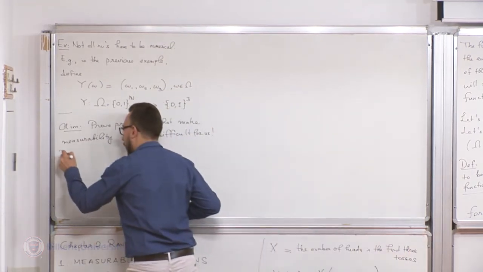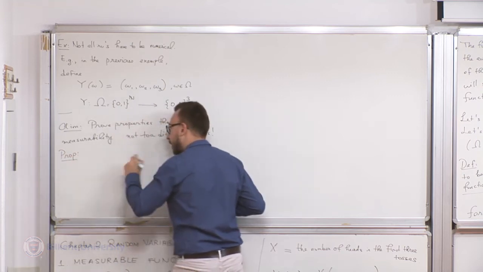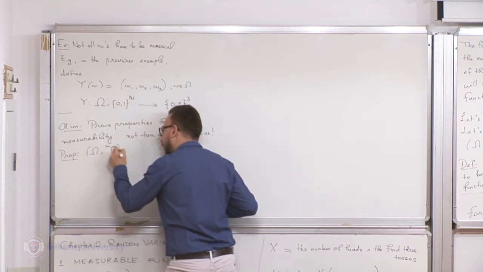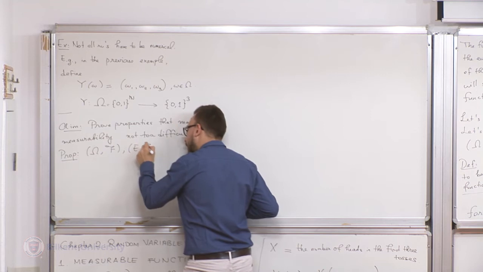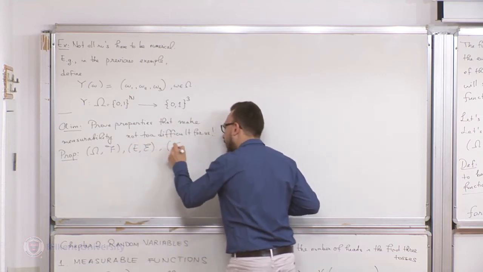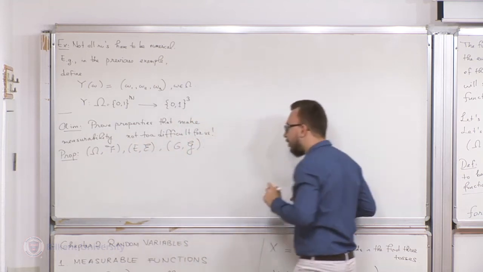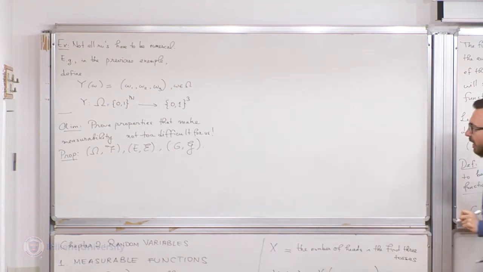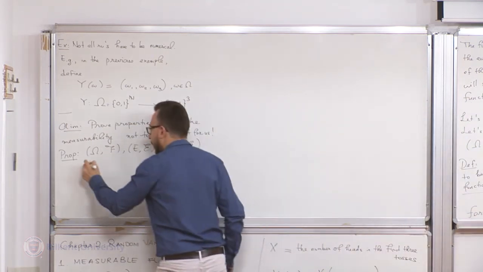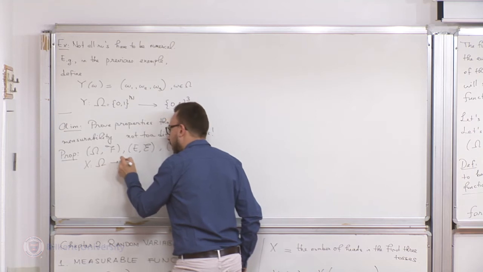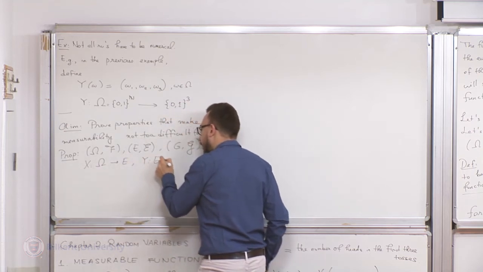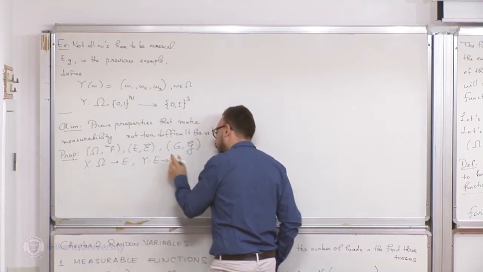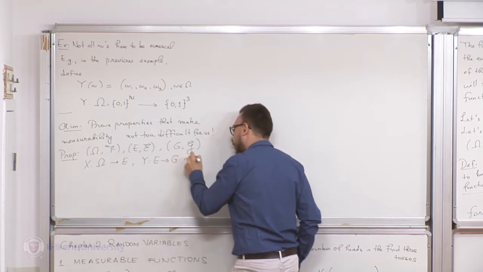So we have 3 measurable spaces now. So let me keep the same notation for the first 2. And the last one, G, script G, okay? And you have functions from omega to E and E to G that are measurable.